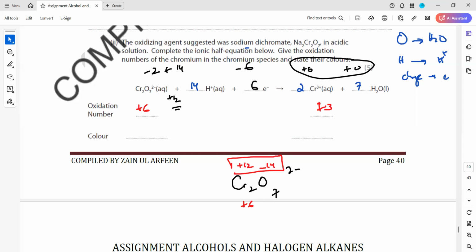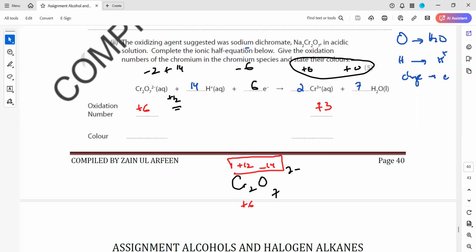Look, there is a difference when you write the valency: you write the number first and the charge after, for example 2 minus, 3 plus. But when you write the oxidation number, it should be the nature first, like positive or negative, and then the number afterwards. So when you mention a valency on the ion, you mention the number and then the nature. But when you write the oxidation number, it's the nature first, like positive or negative, and the number afterwards.